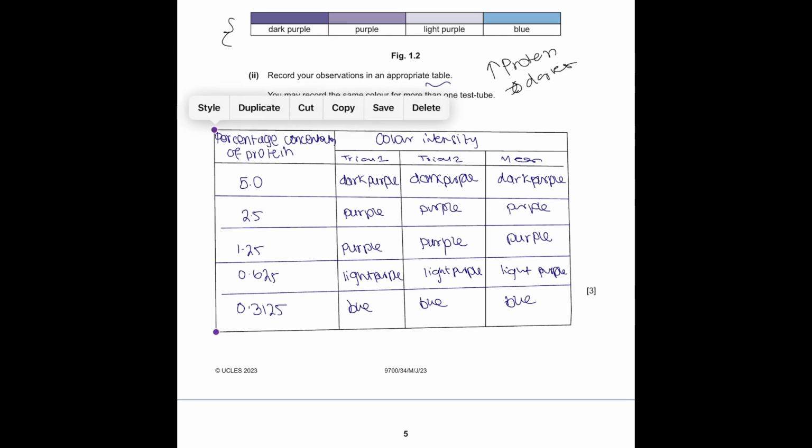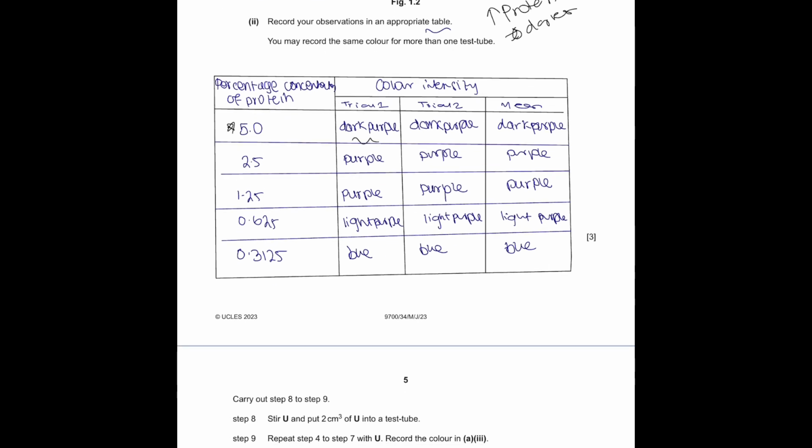So 5% had the highest, darkest color, which is dark purple, and then 2.5 is going to have less, and then 1.25 is going to have less, and 0.625 will have less, and 0.3125 will have the least color, because it has the least concentration of protein.